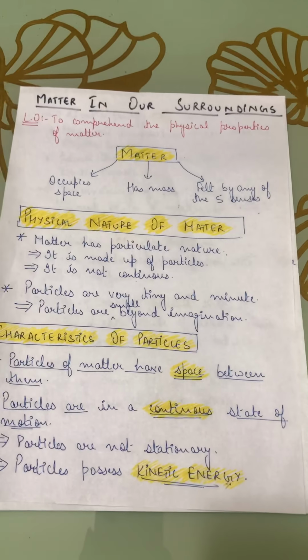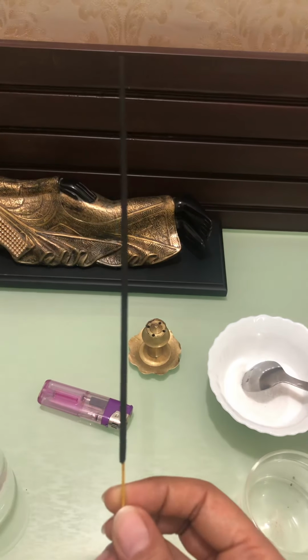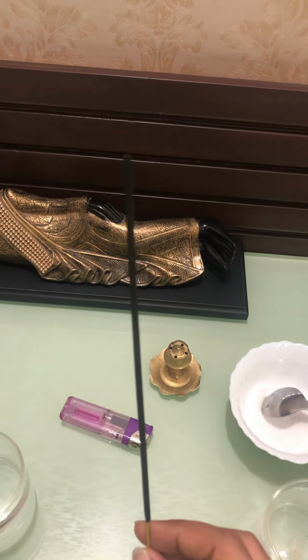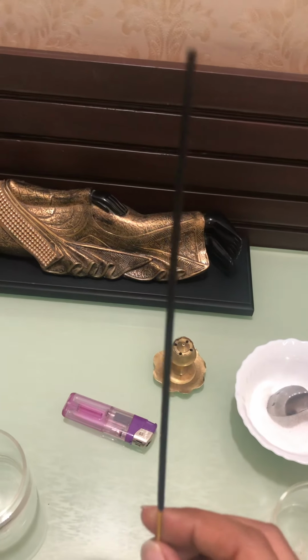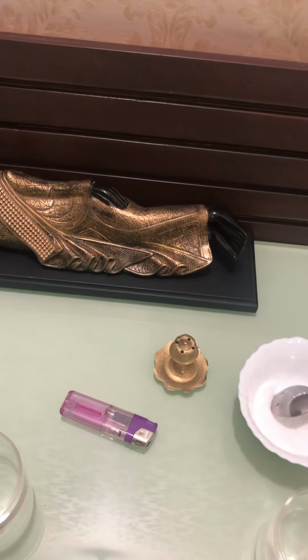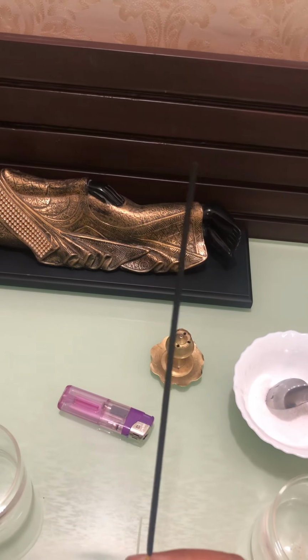A similar experiment can also be done with an incense stick, or an agarbatti as you usually call it. This is an unburnt incense stick. I have not burnt it yet. So if I have to smell it, I have to go closer to it. I bring this incense stick closer to my nose and I can easily smell it.